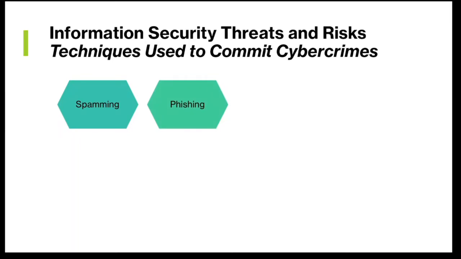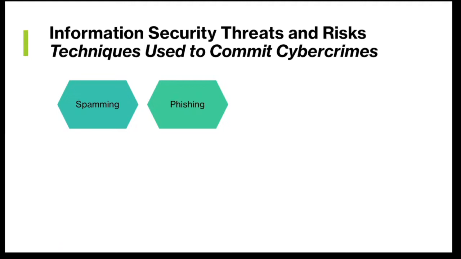Next, phishing. This is a high-tech scam that frequently uses spam or pop-up messages to deceive people into disclosing their personal information. For example, credit card numbers, bank account information, social security numbers or passwords, and other sensitive information.